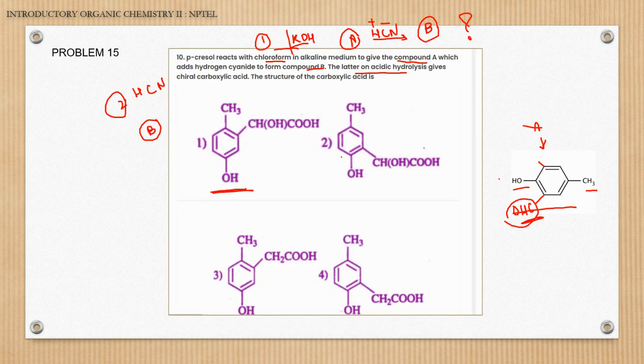So option number 2 will be the correct one. This option is the correct one. Because you also have an OH at this position, right? At the ortho position of OH, it is getting activated, aldehyde will be placed. So either 2 or 4 will be the correct one. But in 4, they are missing a hydroxyl group which is forming after the nucleophilic attack at the aldehyde.